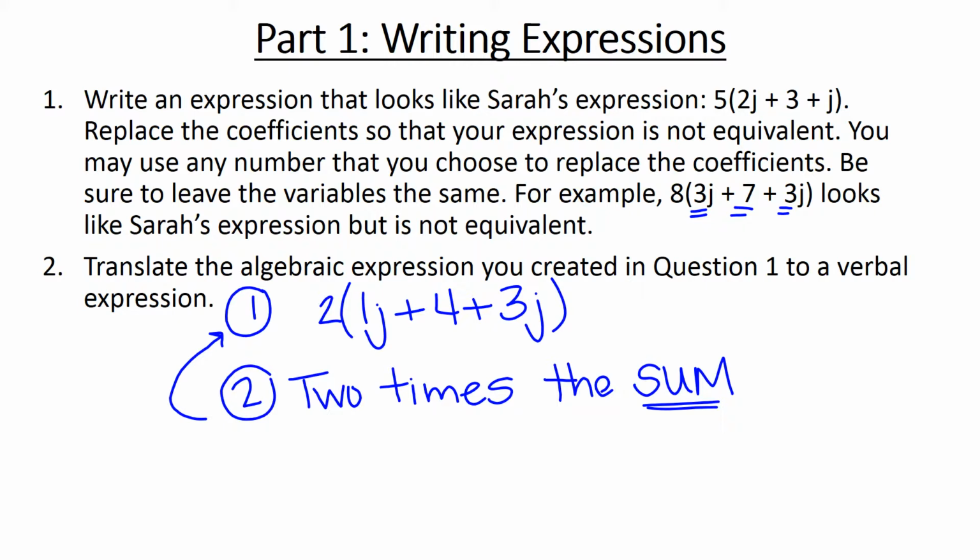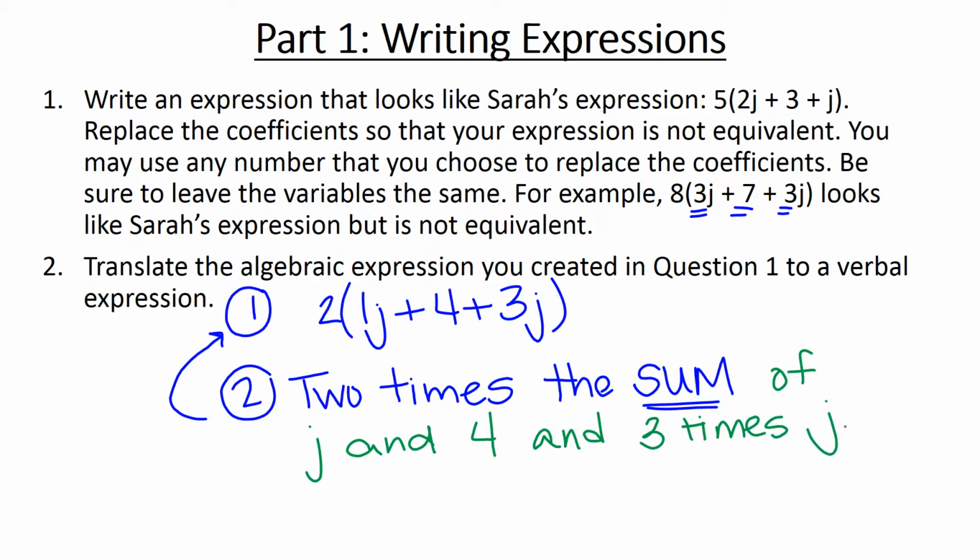So I'm going to add, so 2 times the sum of 1j, or just j, 1j is the same as j, and 4, and 3 times j, or the product of 3 and j. Now remember, there's a lot of different ways to write this, but the idea is that you write it as a verbal expression.